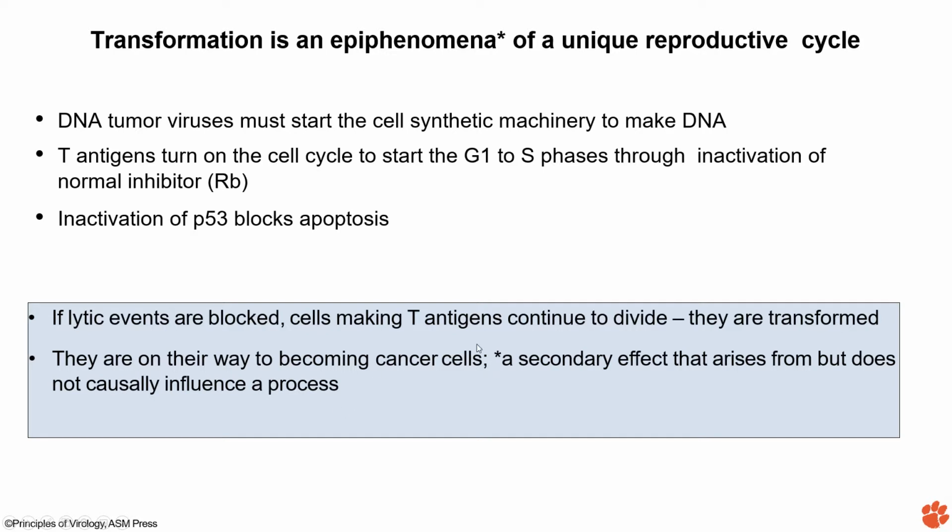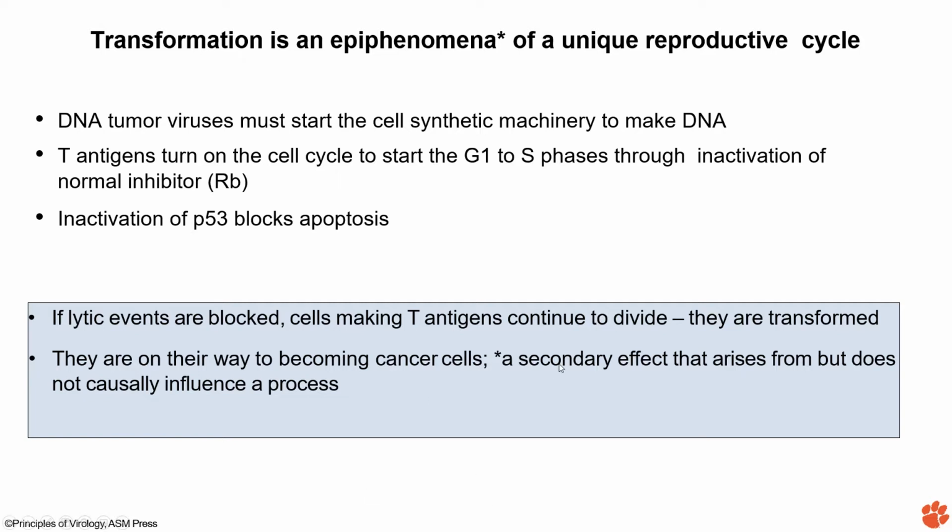They are on their way to become cancer cells, which is a secondary effect that arises but does not causally influence the process. So remember that this process will make the cell divide continuously, but they are not yet cancerous or immortal in that sense.